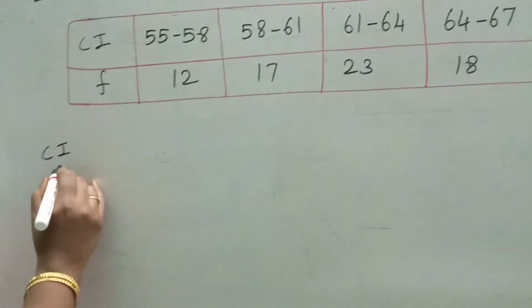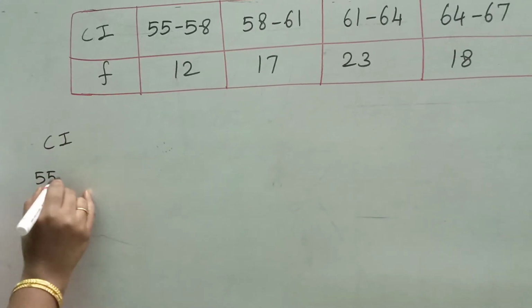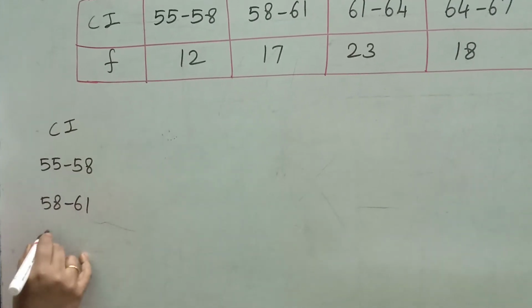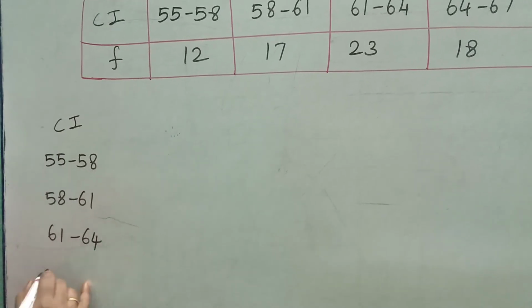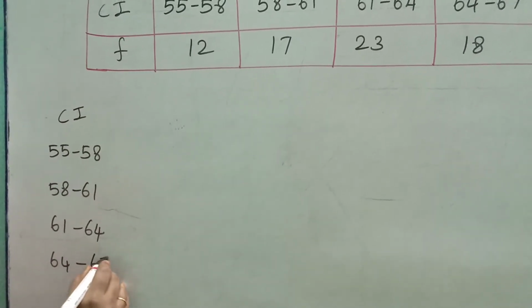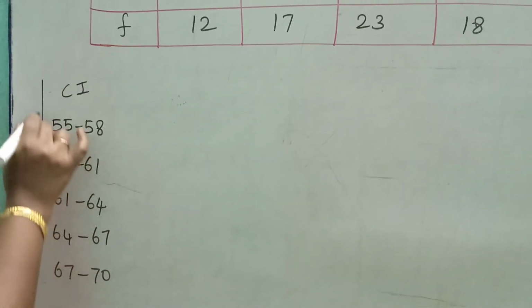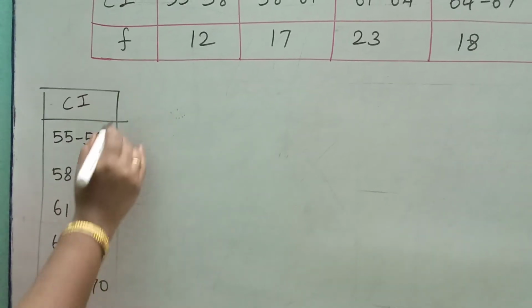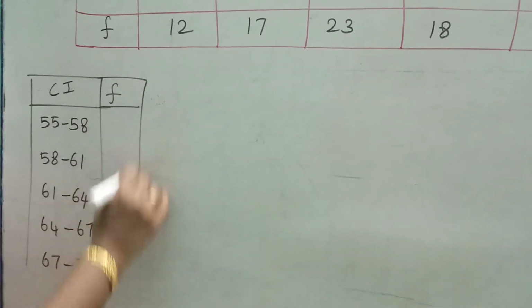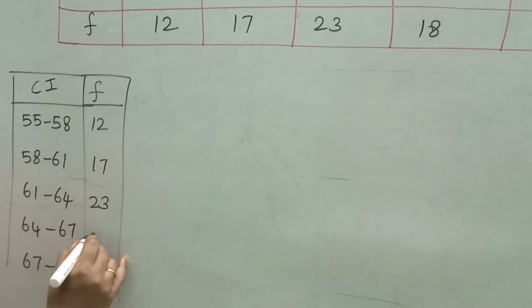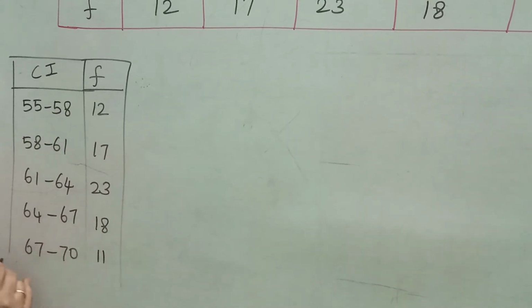First column is our class interval: 55 to 58, 58 to 61, 61 to 64, 64 to 67, 67 to 70. Our second column is a frequency column. Frequency values are 12, 17, 23, 18, 11.